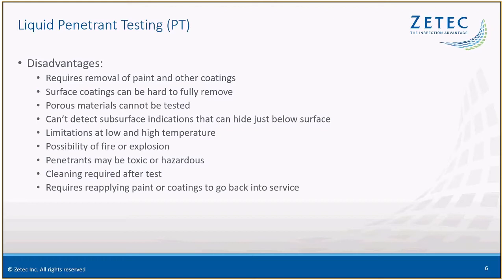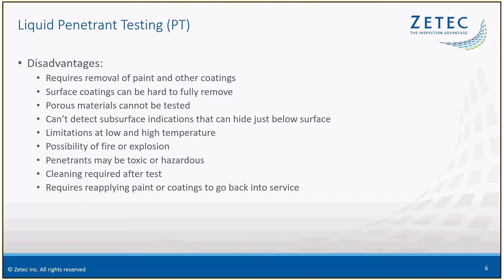Porous materials typically can't be tested with penetrant. There would be too much masking of the indications. Anything that's subsurface, not actually breaking through the surface like a crack, if it's hiding below the surface, you're not going to see that. Because you're working with penetrant, you have limitations for temperature in the low and high range.